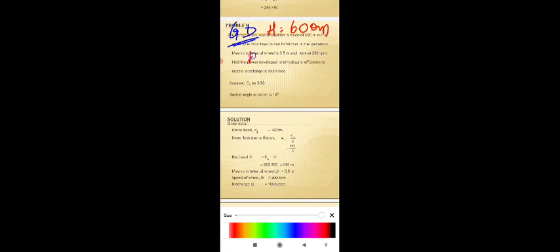Loss of head due to friction is gross head by 3, so that is 600 by 3, which is equal to 200.